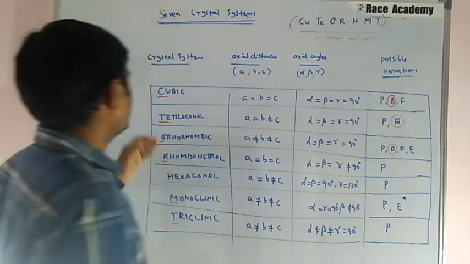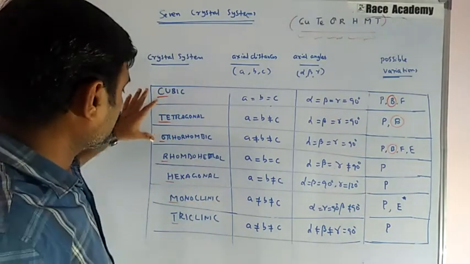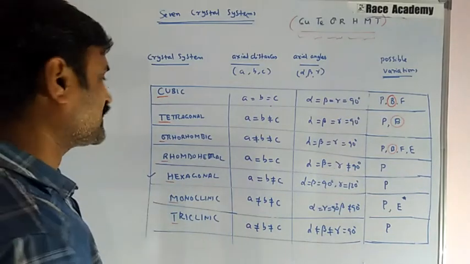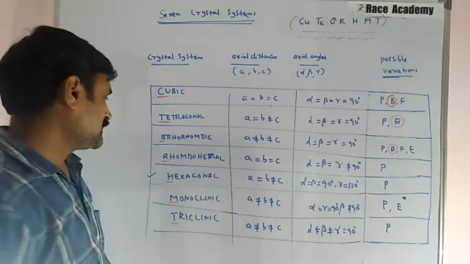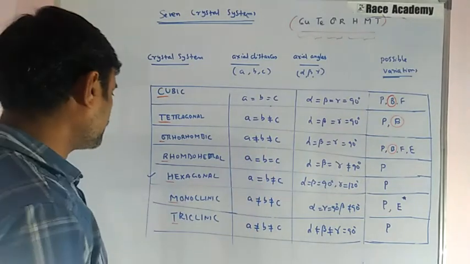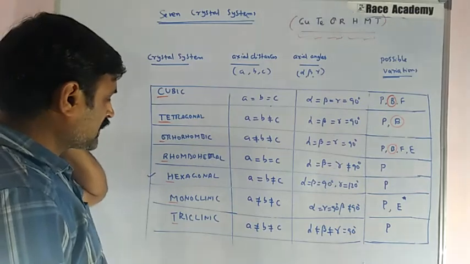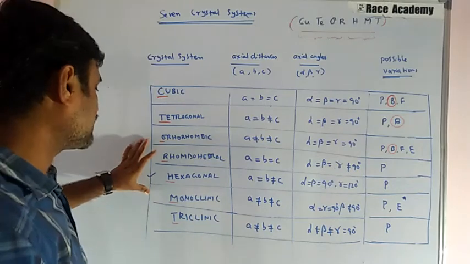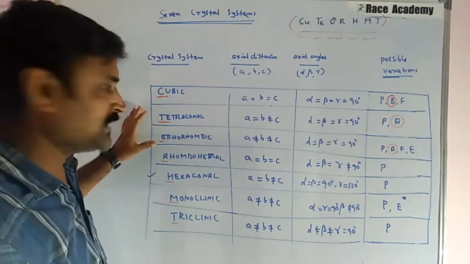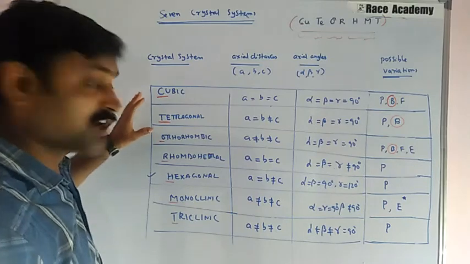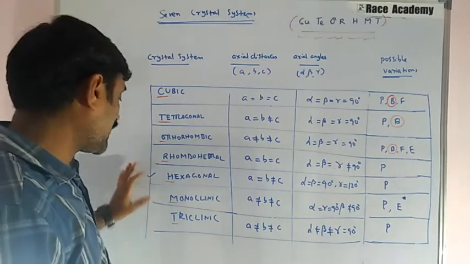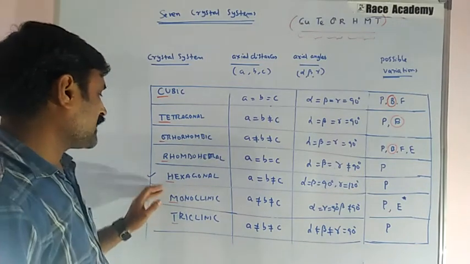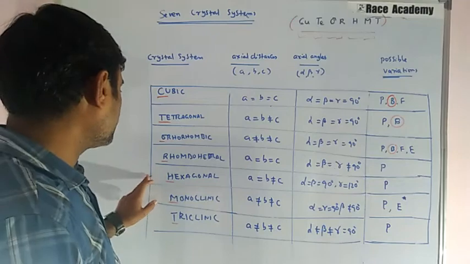Generally for hexagonal, in most of the examinations or simple board examinations, they used to ask gamma 120, remember. For orthorhombic and monoclinic, sulfur is the best example; cubic, sodium chloride and zinc sulfide examples we can give. Triclinic, potassium dichromate you can remember, and monoclinic sulfur. Hexagonal, graphite you can remember easily.